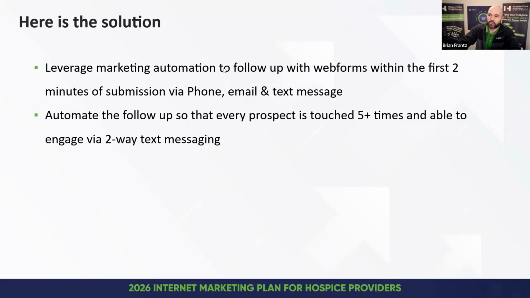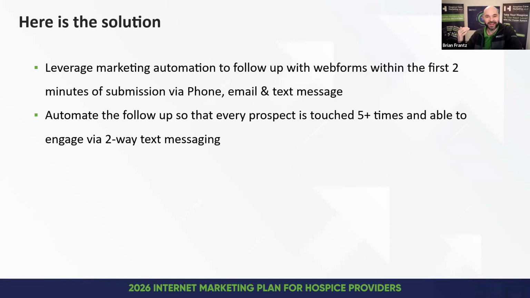And so what you want to do is have some sort of automation, and you want to automate that follow up. And we're not automating 5+ touches. We have three, right? So we set up 3 touches within the first 3 minutes of a lead filling out a form. So we just have 3 touches: one email and 2 text messages. And this is taking out some of the touches that are required to make a sale, right?